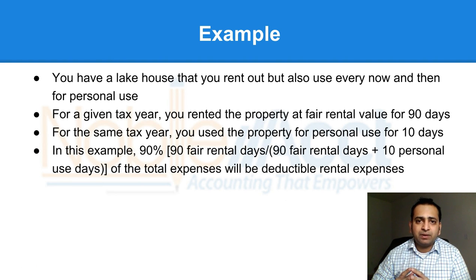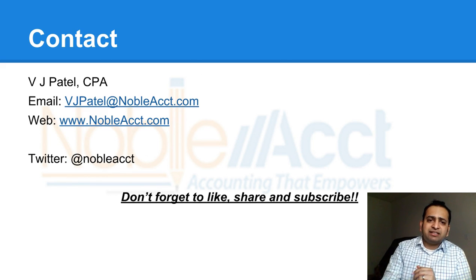Now, in this case, the rental use percent will be 90%, calculated by dividing the total number of fair rental days by the number of total days that the property was used in a tax year. Then you take this rental use percent and multiply it by the total expenses associated with maintaining and operating this rental property, and that will give you the rental use expenses that you can deduct on that year's tax return. So I hope that's clear to you all.